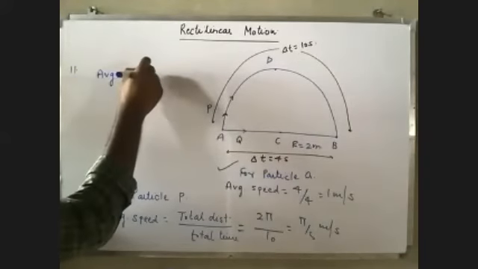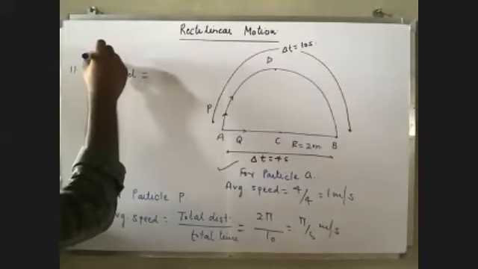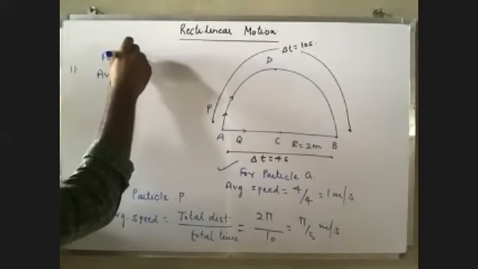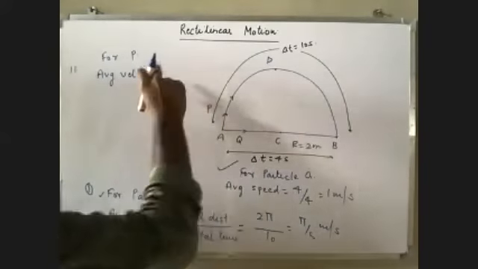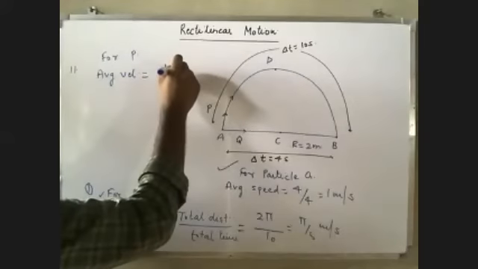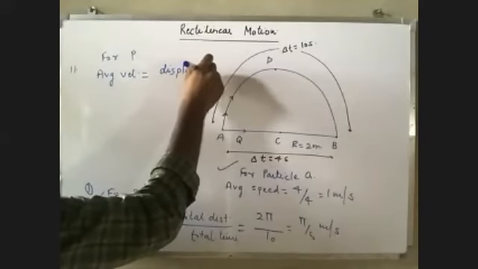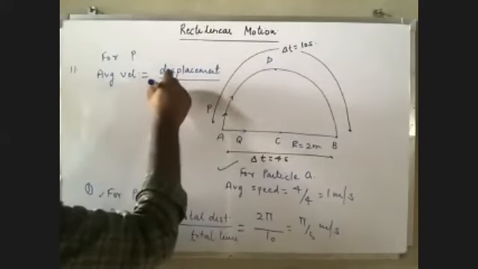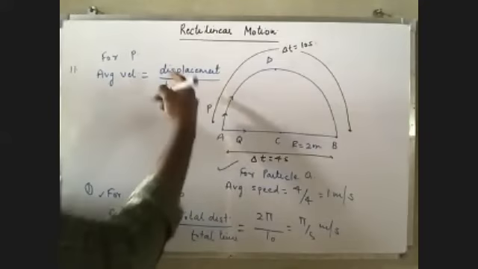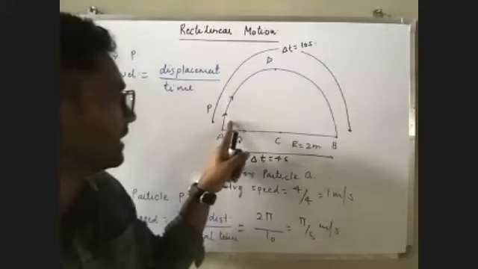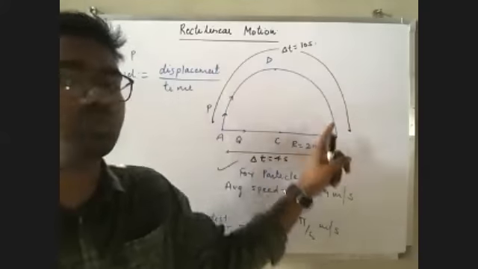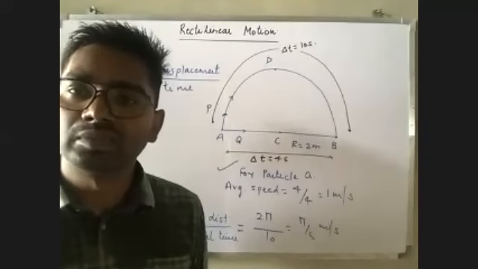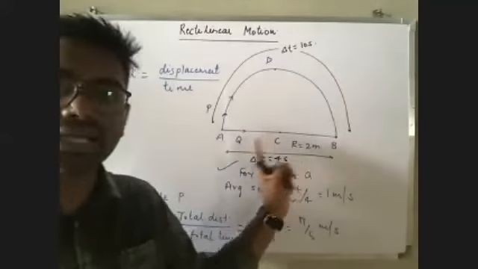So, average velocity for particle P. It is nothing but displacement divided by time. Guys, can anyone tell me what is the displacement of this particle P which is moving around this circular path? What will be the displacement? So it is nothing but minimum distance, that is 4 meters.